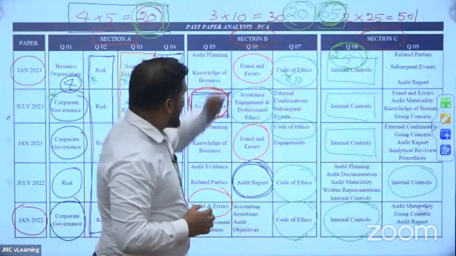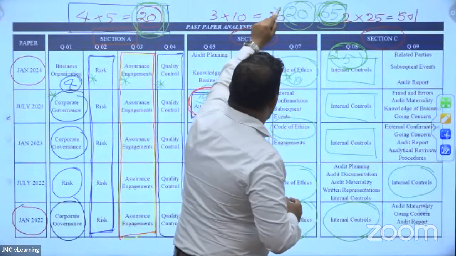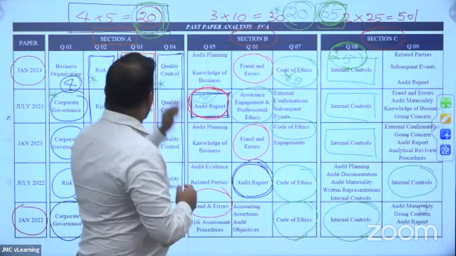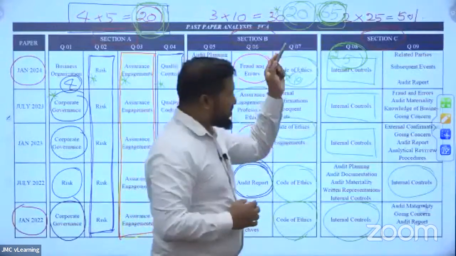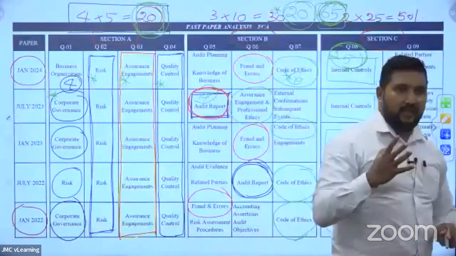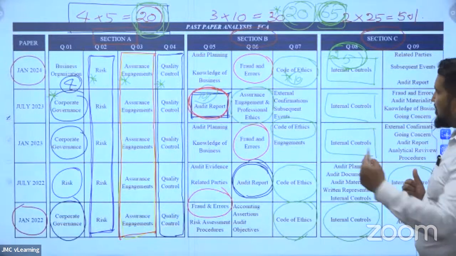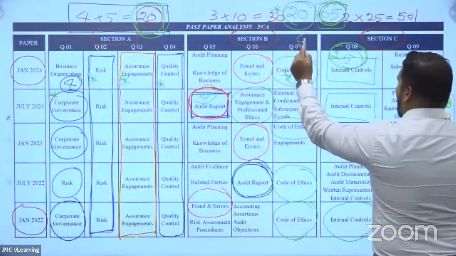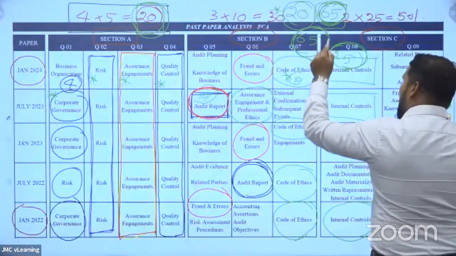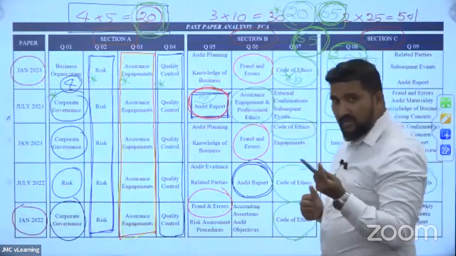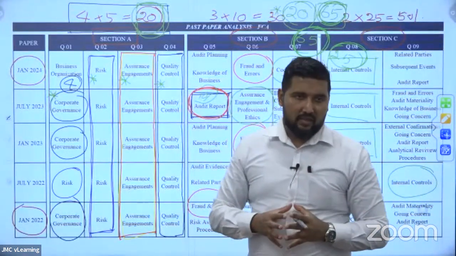So out of this 30, if the questions are tested from these two areas, you will be getting another 20 marks. So here 20 plus 20 comes to 40. Then when you go to section C, 100% guaranteed, 25 marks will come from internal controls. So as a student, you will know the theoretical aspects which are going to be tested in the upcoming paper, which covers almost 65 marks.